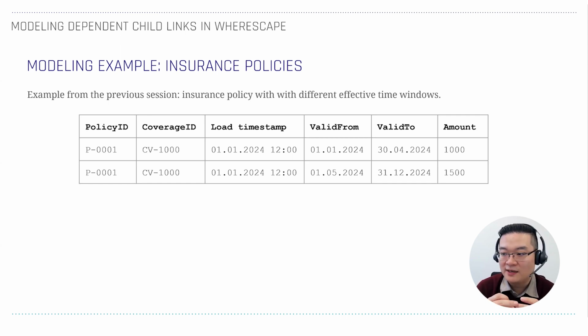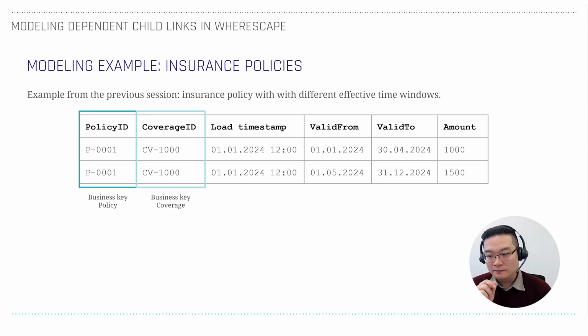You can uniquely identify the records. So technically, you could model a dependent child link. In my opinion, it looks quite weird, even though it's technically correct, and logically, it's also kind of correct.